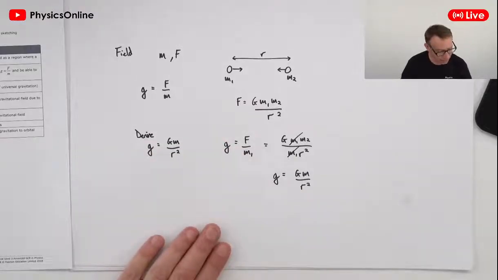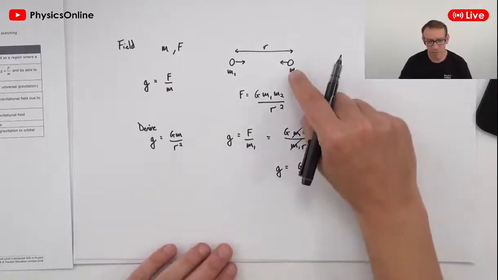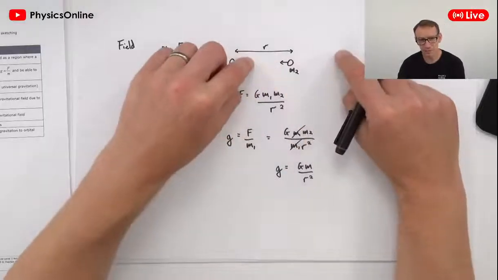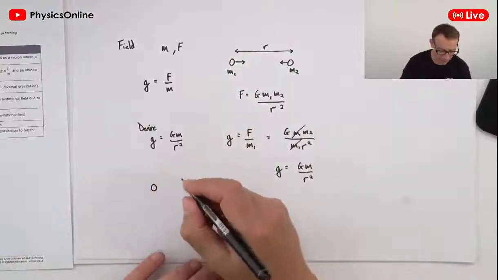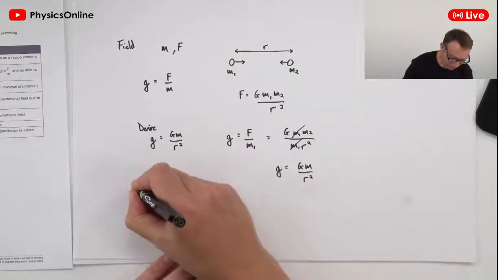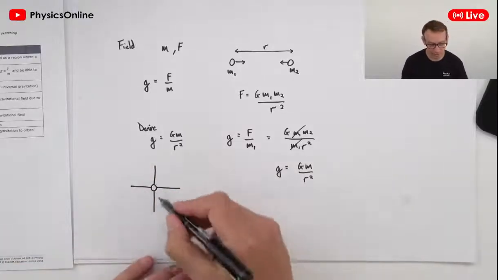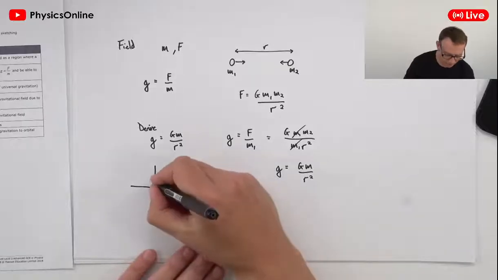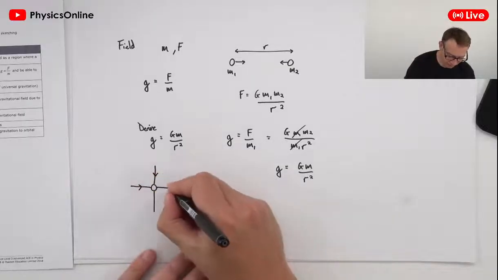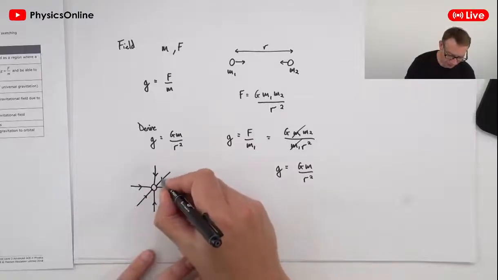Okay, we then have a radial field. So if we've got this, maybe a point mass, there's going to be a field around it. Now, again, we represent field lines with arrows. The arrows in this case would all be showing the direction that a mass would move under this field. And so the field lines would all be going into this. And if you're going to draw field lines around a radial object, we want to draw at least 8.